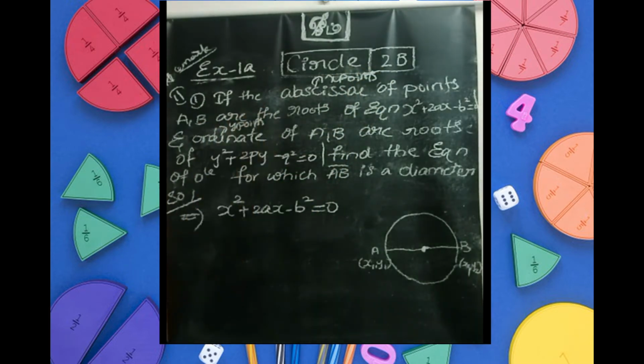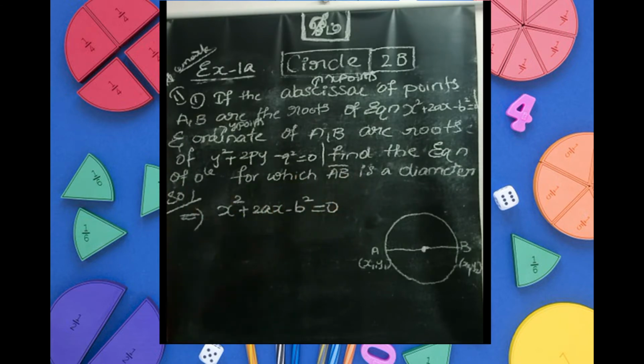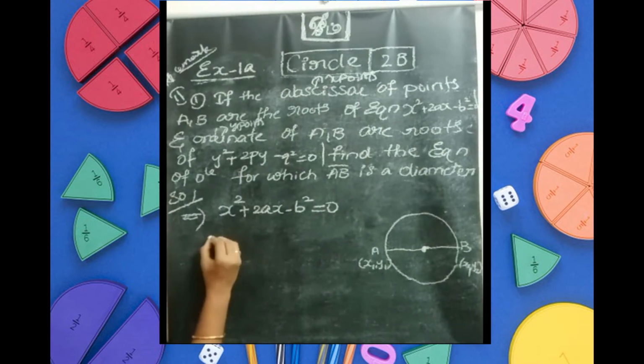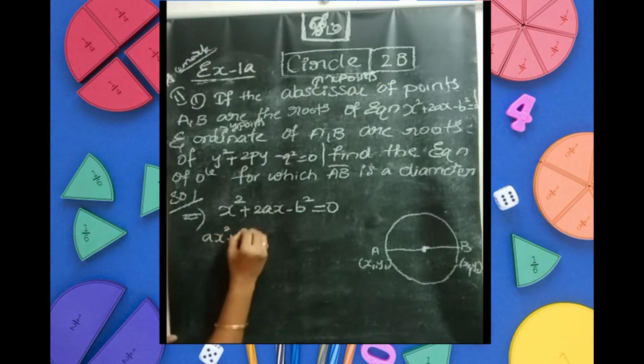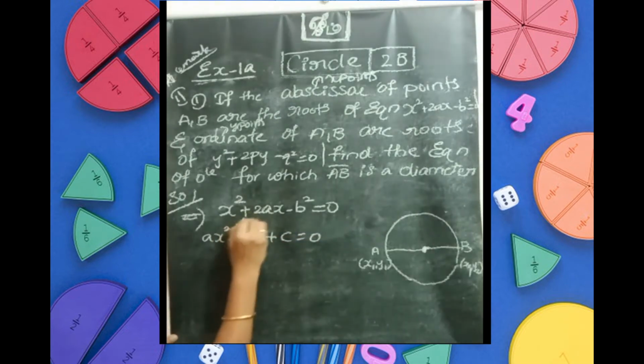Don't confuse ordinate and abscissa. So the y points are the roots of y square plus 2py minus q square. First we have to find the roots and substitute them in the equation of the diameter. See here, this is in the form of ax square plus bx plus c.